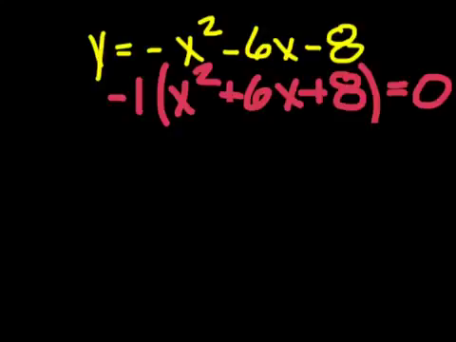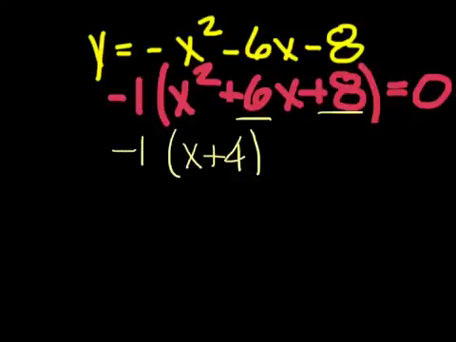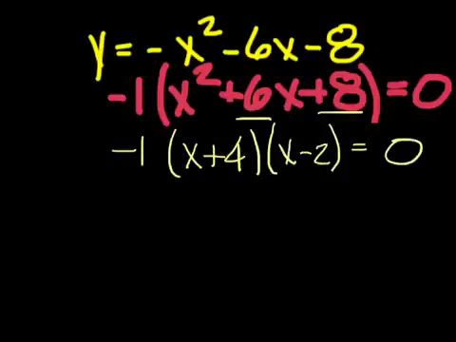And then after that, we'll see if I can find two numbers that multiply to get 8 and add to get 6. And that would be x plus 4, x plus 2. And therefore the zeros would be -4, -2.